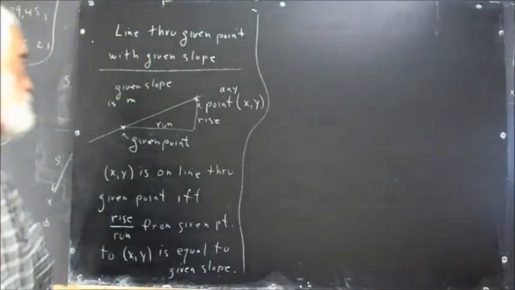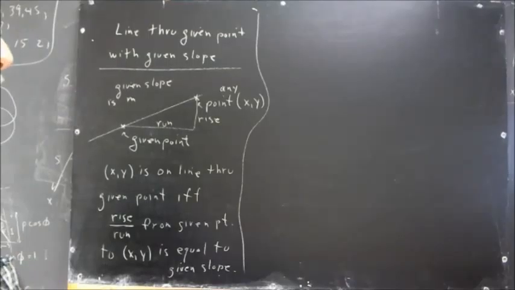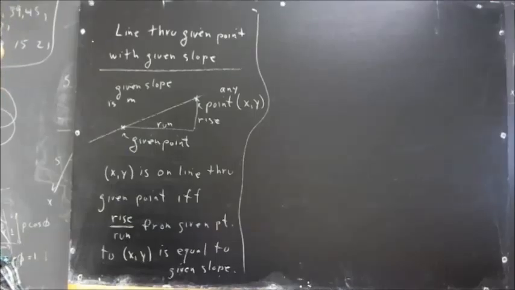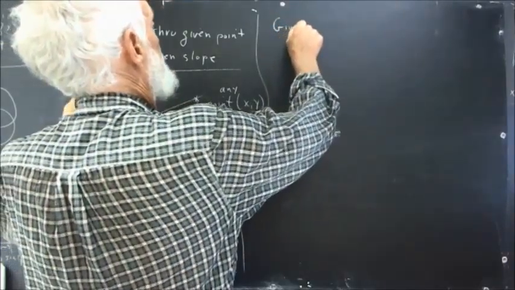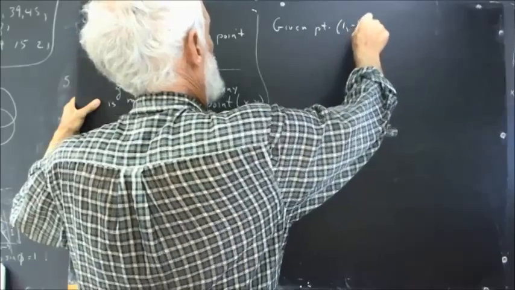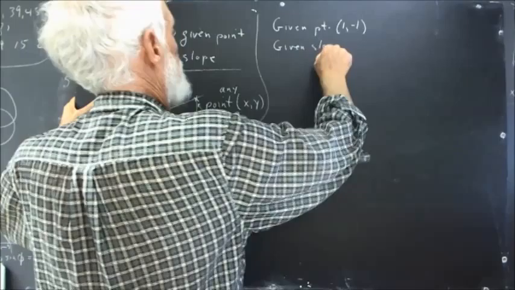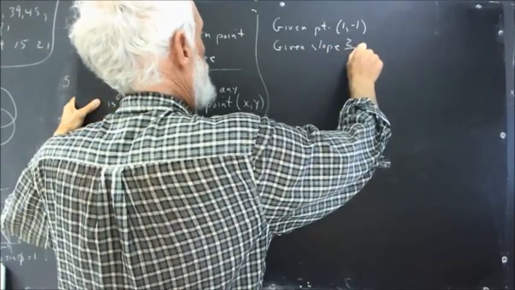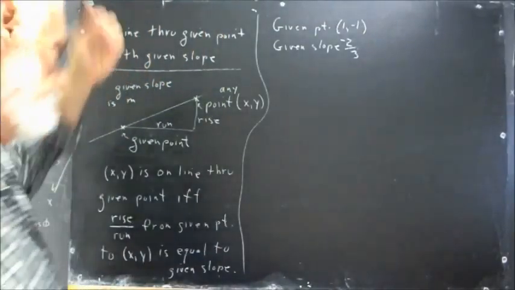but let's apply it. Okay, so what if the given point is, let me go back here, I'm going to use the point in the question that we had, and that was 1, -1 with a slope of -2/3. So the given point is 1, -1. Given slope is -2/3.